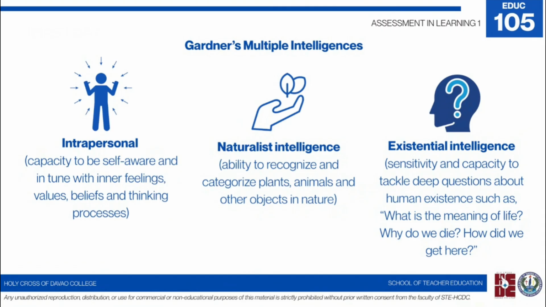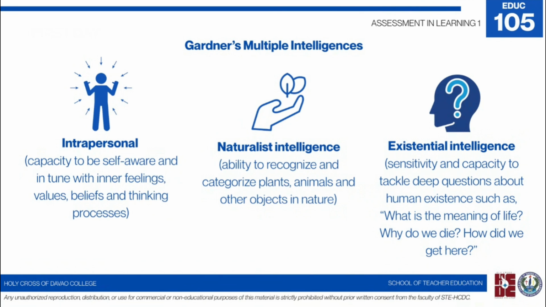Next one, the naturalist intelligence. This is the ability to recognize, categorize, and interact with objects and organisms in the natural environment. The nature smart learners are observant, curious, and deeply connected to the natural world.